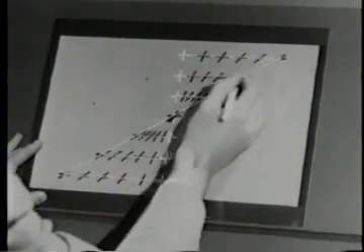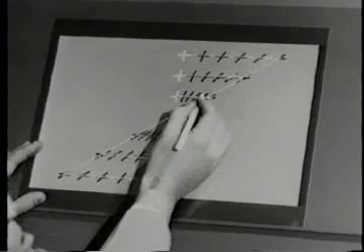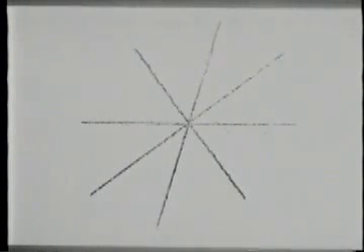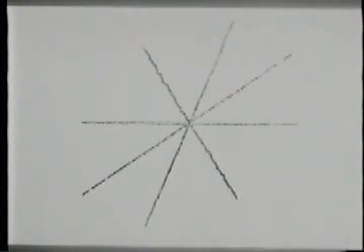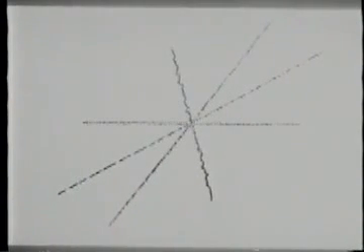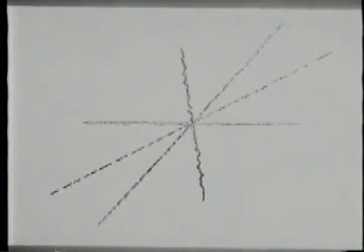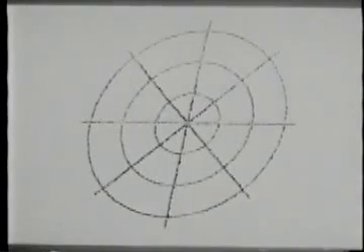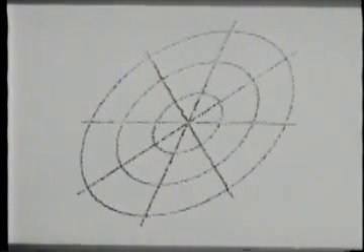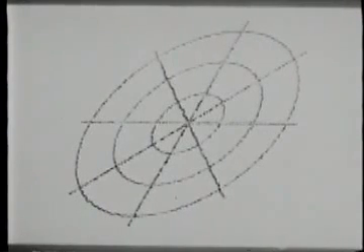Now, this flow has an important feature. I can put on the flow a number of straight lines. And you can see that they remain straight, even though they're turned and stretched as the distortion progresses. This means that there isn't any scale to the flow.